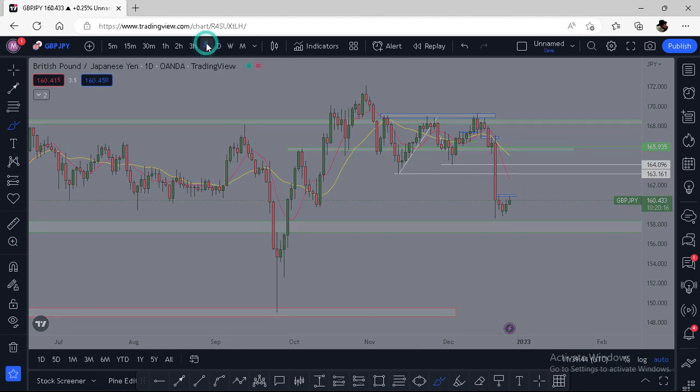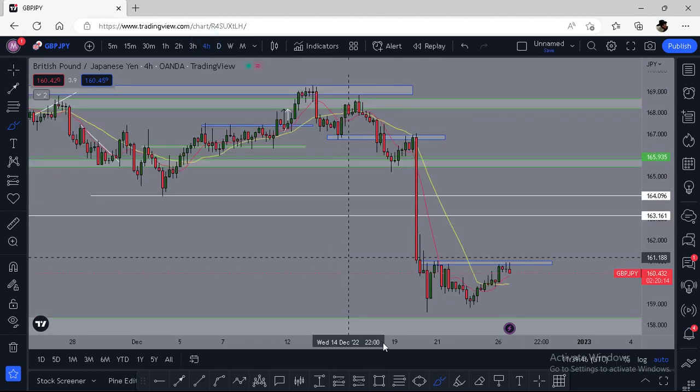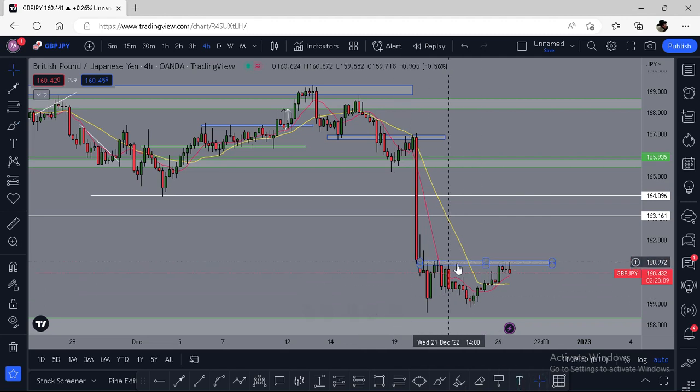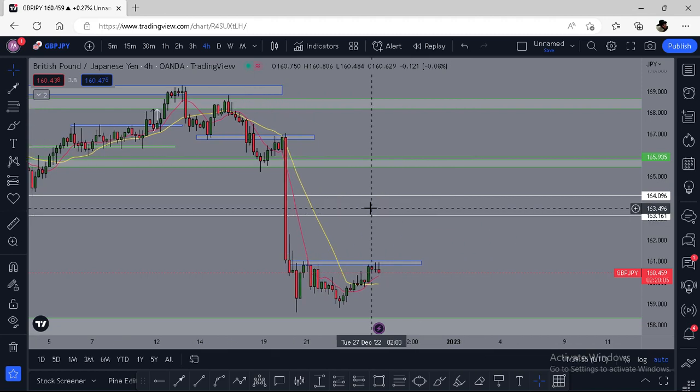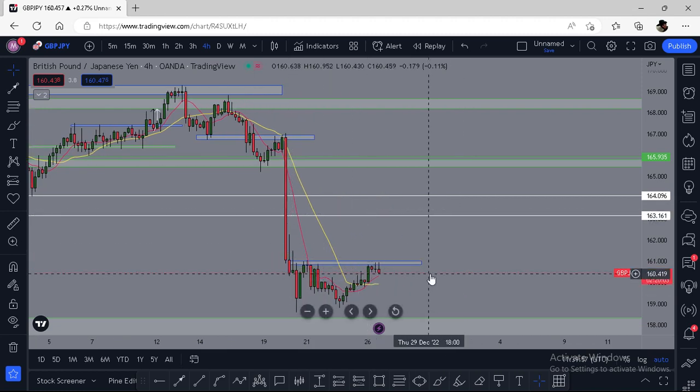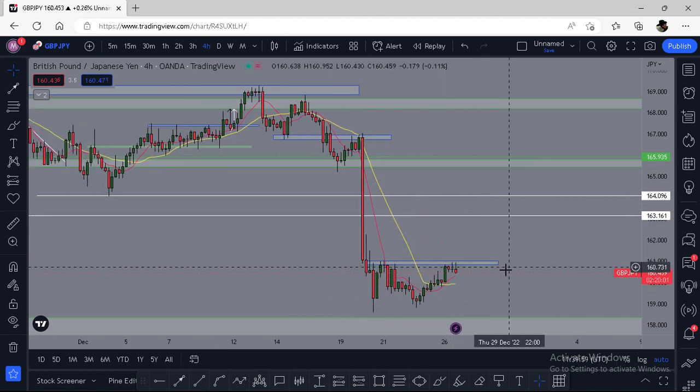So moving to smaller time frames like H4, you can see that we have that minor resistance, which is more of a double top formation of what I've just spoken about. So what am I seeing here?